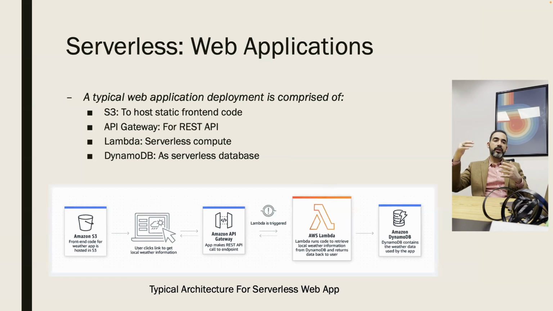But if your database is not able to scale horizontally, you're going to run into scaling issues. That's one fundamental problem in using a SQL-based database with serverless. You could have the same problem with your server-based application.